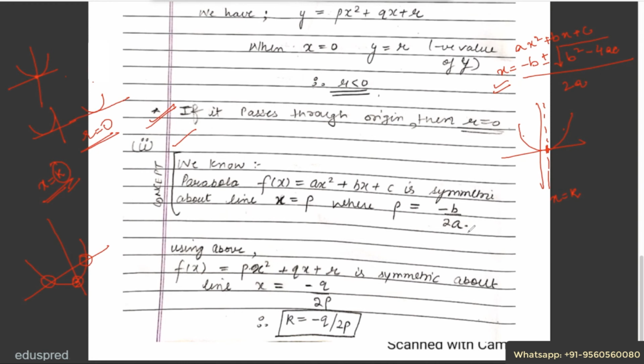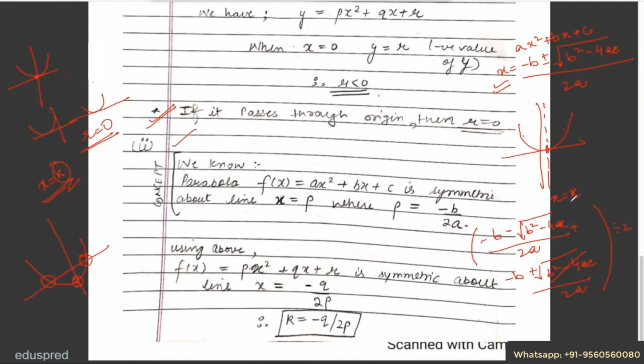So if I take the average, that would be minus b minus root of b square minus 4ac divided by 2a, plus minus b plus root of b square minus 4ac divided by 2a, and we divide this entire sum by 2.